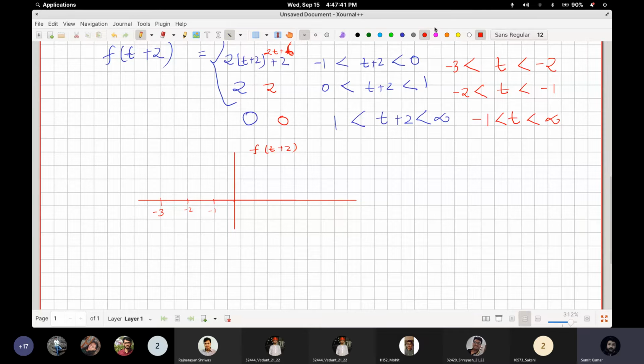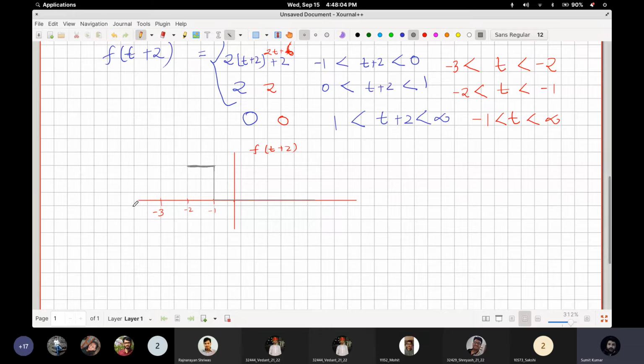Let me use a different color here. So from here to here, it is 0, right? And from here to here, it's equal to 2. So this point is 2. So from minus 2 to minus 1, it is equal to 2. You can see here, isn't it?